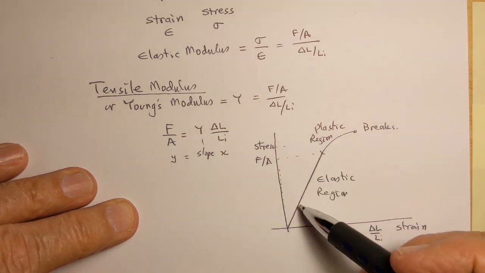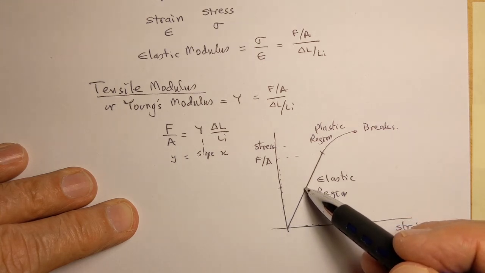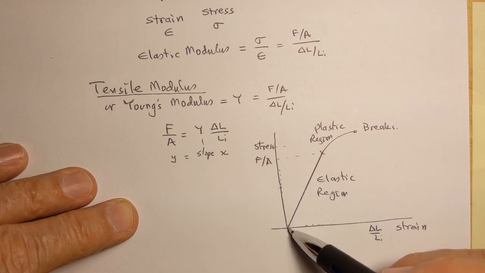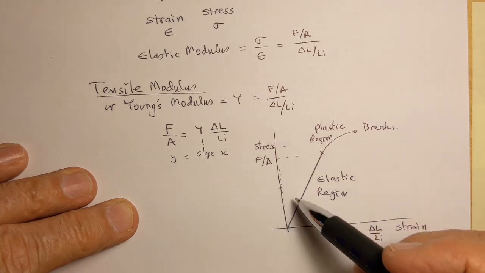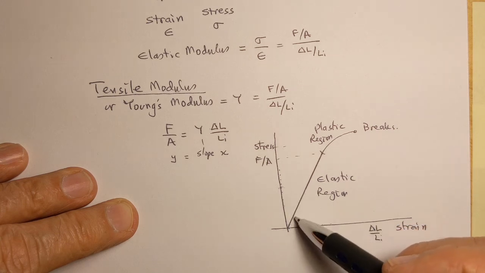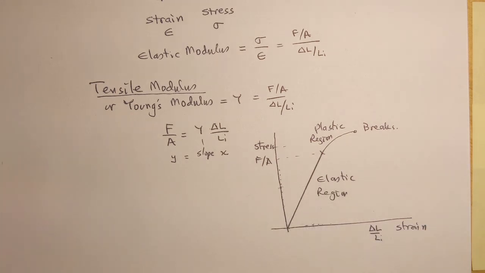In the elastic part, if you stretch it from 0 up to here, and then you release the stress, it will go back to the original length, and then you pull it again to the same force. With the same force, it stretches by the same amount, and then it comes back to the original. You can keep doing that as many times as you like.